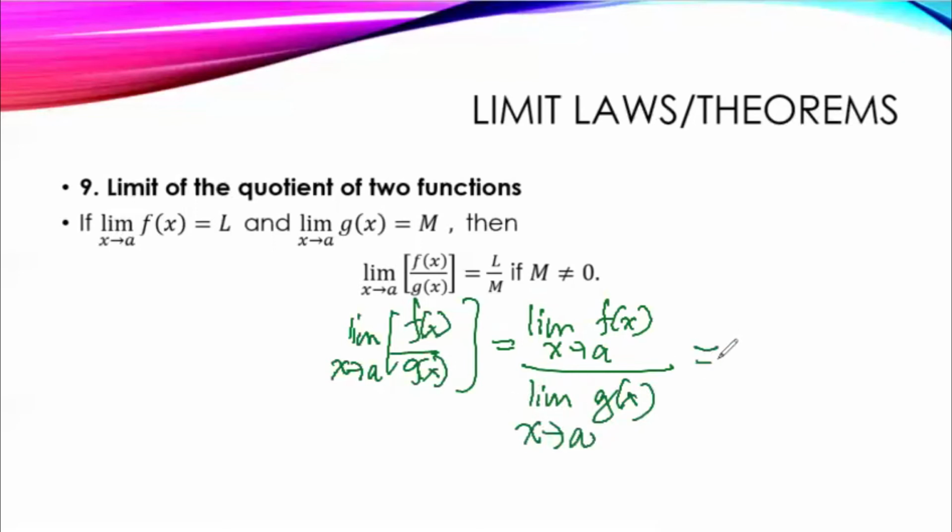Now, by the assumption, the limit of f of x as x approaches a is L, so this is L, over the limit of g of x as x approaches a, which is m. So that's why we have a formula: the limit of the quotient of two functions is L over m, provided that m must not be equal to 0. Why? If m is 0, then the whole function will be undefined.